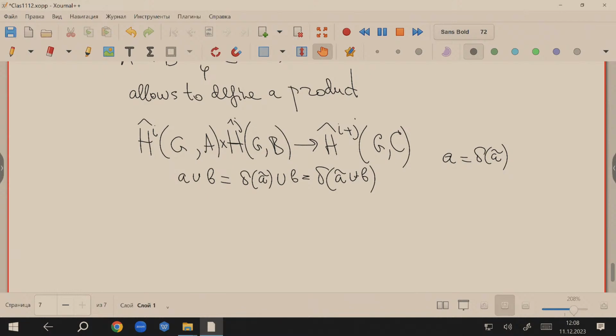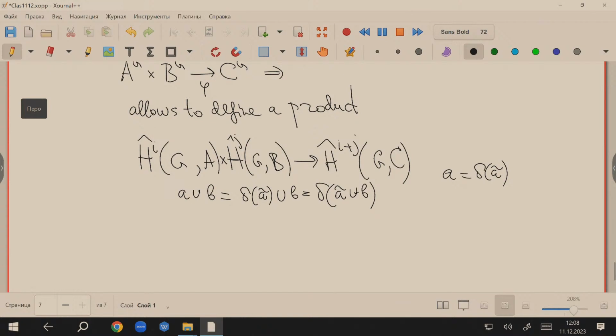Then, if you have some kind of class, for example a 2-class, then you can map. So far we have calculated the homology of Z, H minus 1 of G, Z, which was just G mod commutant.